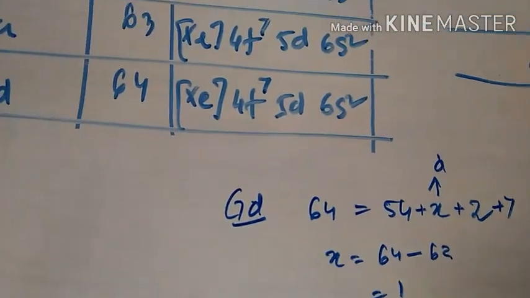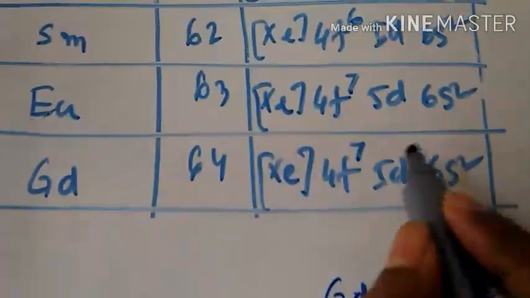So for gadolinium D electron should be 1.